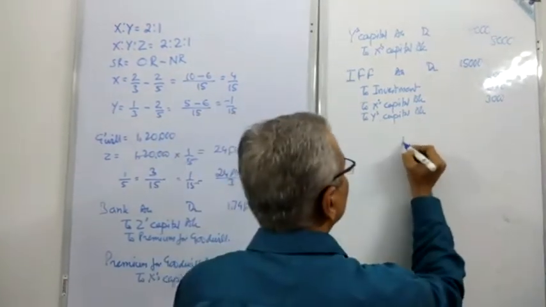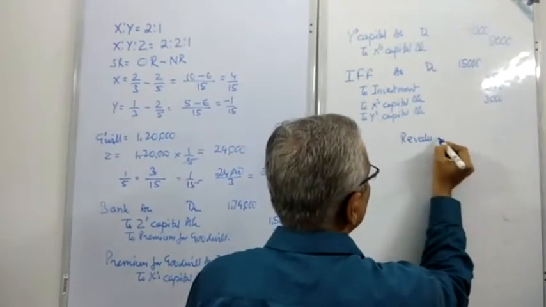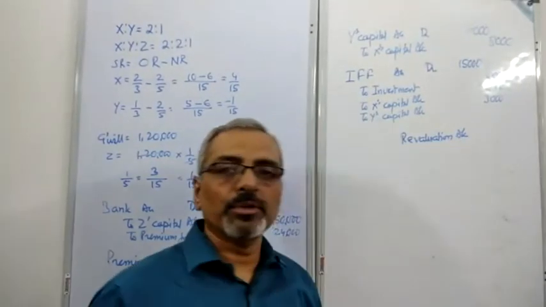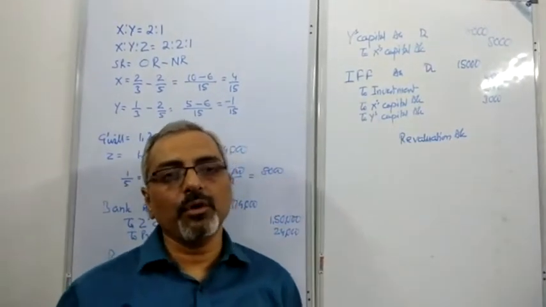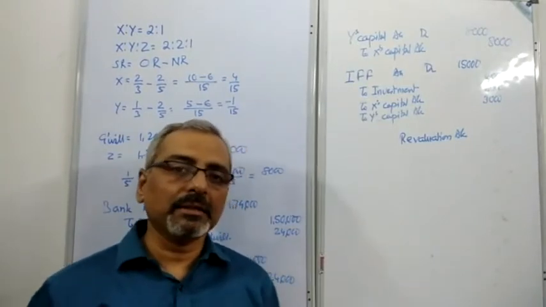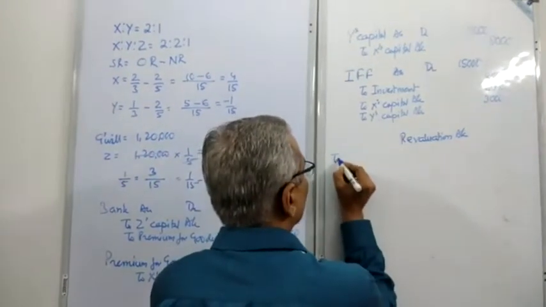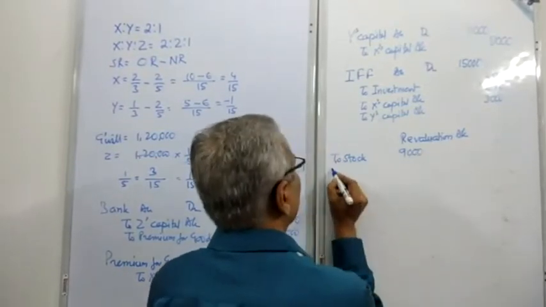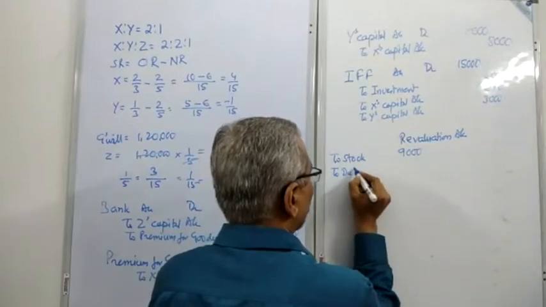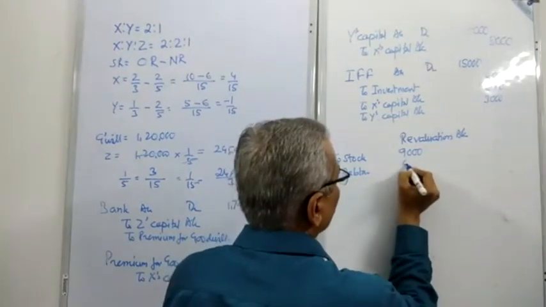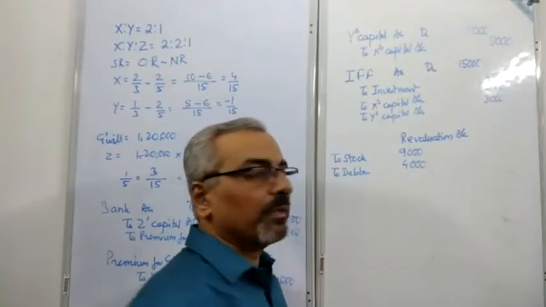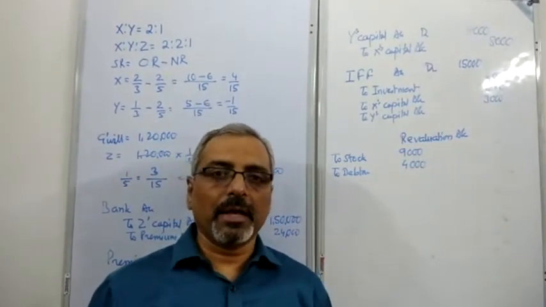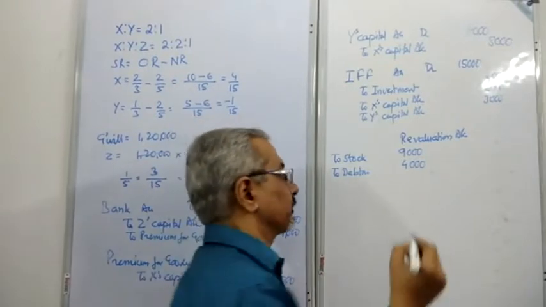So, revaluation account. The first information which was given to us was the value of stock has gone down by 9,000. So, it will be in the debit side. To stock, 9,000. The next information we have, there was a bad debt. So to debtors, the value is 4,000. Apart from that, there was one more information given that the value of non-current assets increased by 16,000.